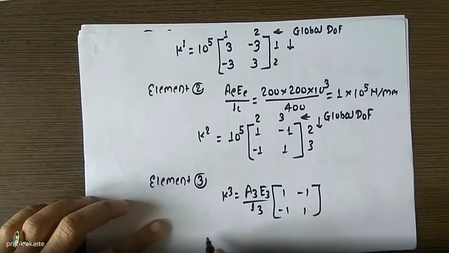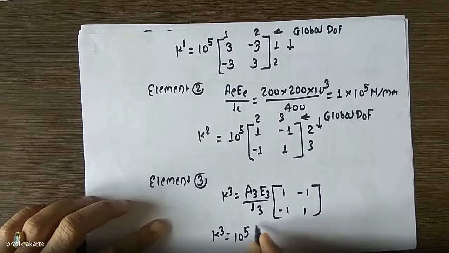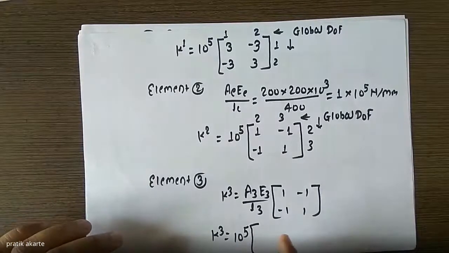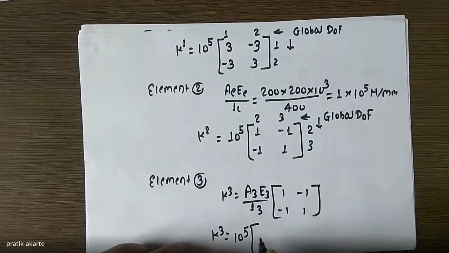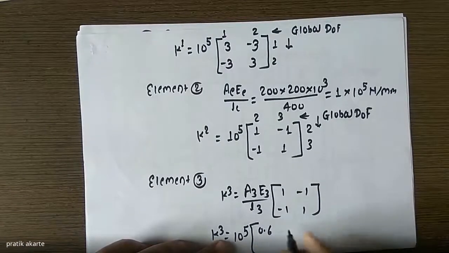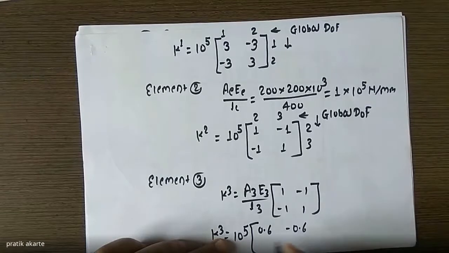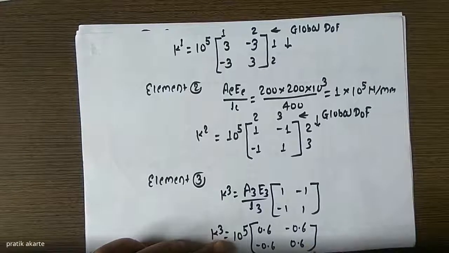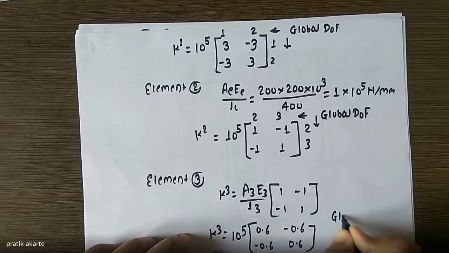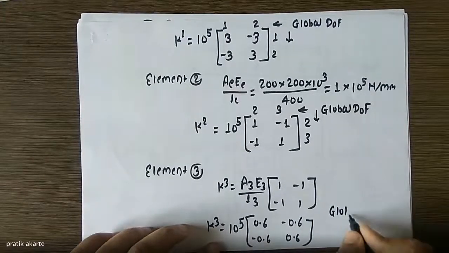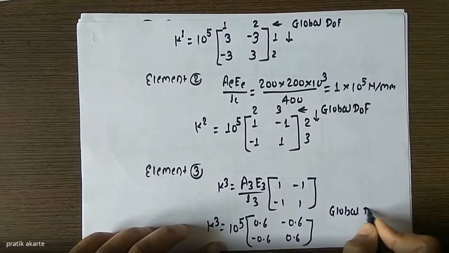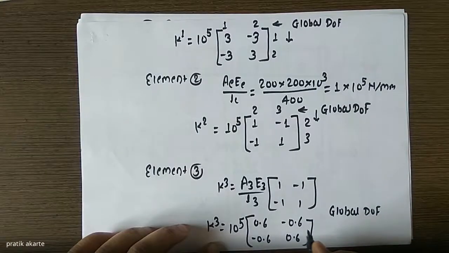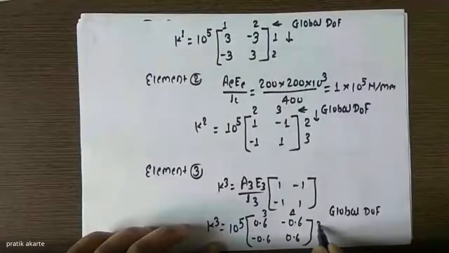Now I'll directly write K3 as, again we took out 10 raised to 5 as a common term, 0.6, minus 0.6, minus 0.6 and 0.6. So here the global degrees of freedom, based on the element connectivity table, are 3, 4 and 3, 4.